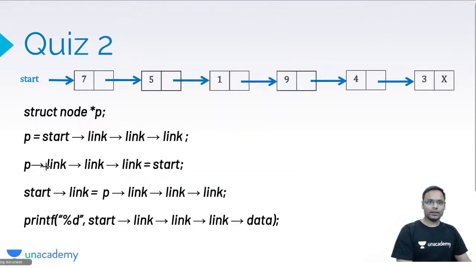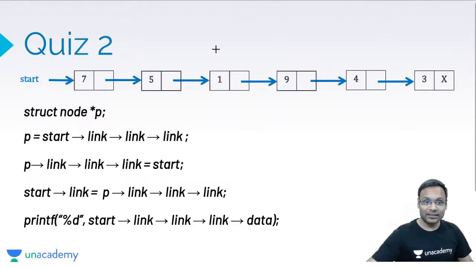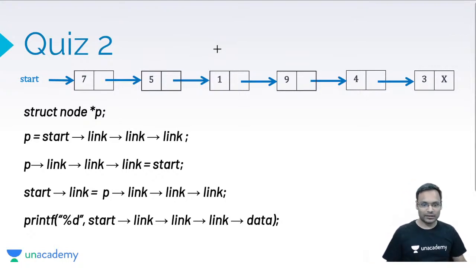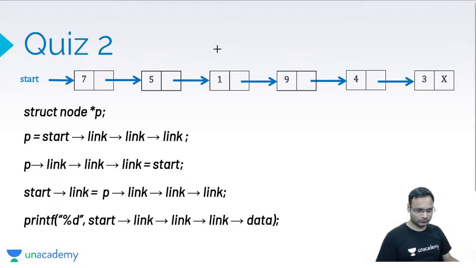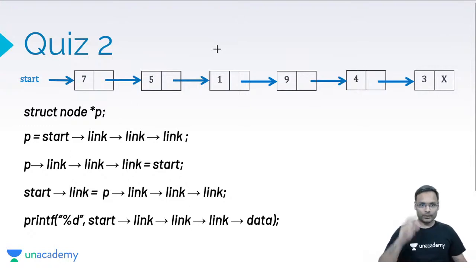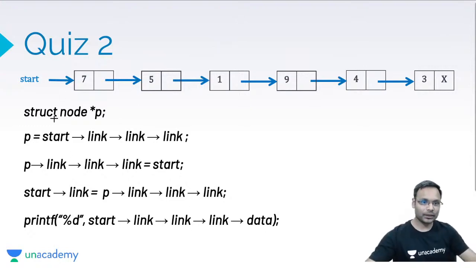Next one, quiz number 2, another same type of question which you will have to solve. Same type of question. I will wait for your answer now. Once you are done, you will have to tell me what it prints. क्या print करेगा ये? What it prints?